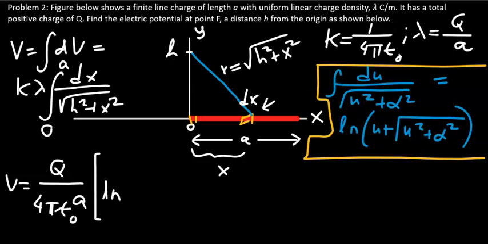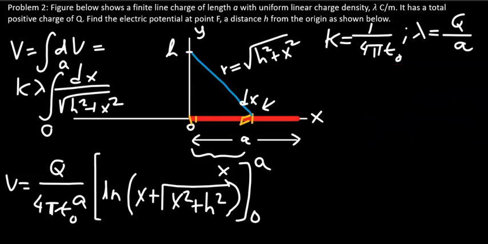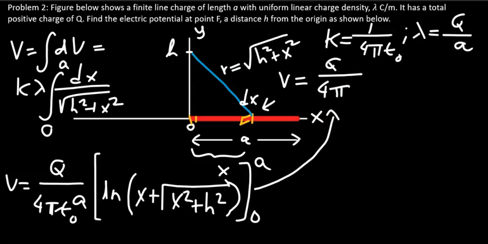natural log of x plus square root x squared plus h squared. And we have to substitute the limits 0 and a respectively. So let's substitute the limits, and you will get V equals q over 4 pi epsilon naught a.